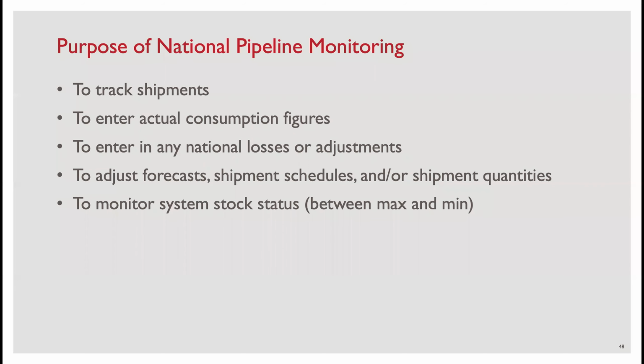So here are some of the specific things that will make up the activities in our routine monitoring: tracking the shipments, keeping updated with our actual consumption compared to our forecasted consumption, tracking any losses or adjustments, adjusting things as they go along if shipments are delayed or if maybe they come early, and overall monitoring the stock status in our system.